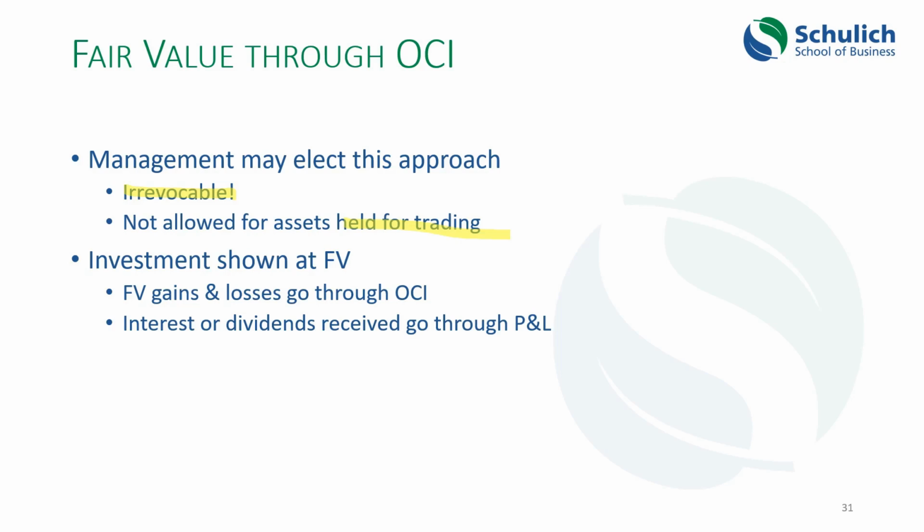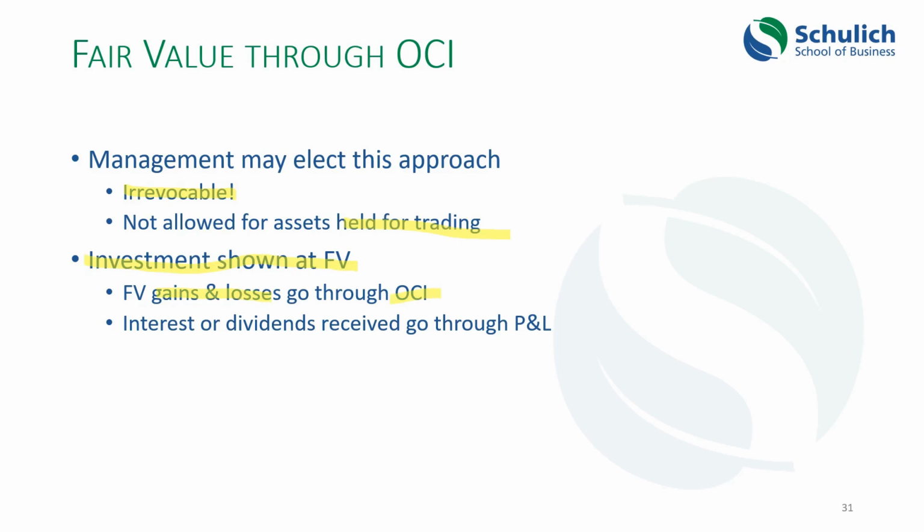The company can take an asset and recognize it at fair value through the profit and loss statement, and at some point in time decide, no, let's put this through OCI. And if it decides to do that, then it is there permanently until such time as the company finally sells the asset. So the investment is always going to be shown at fair value on the balance sheet, but the gains and losses do not go on the income statement.